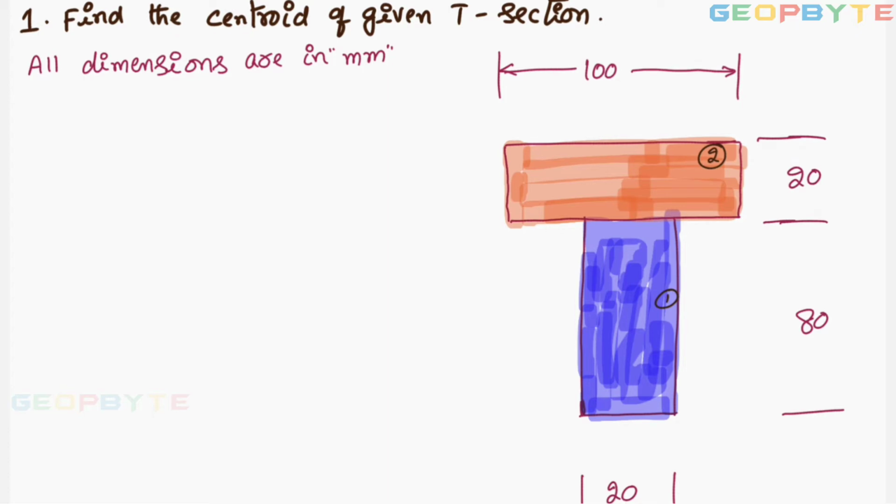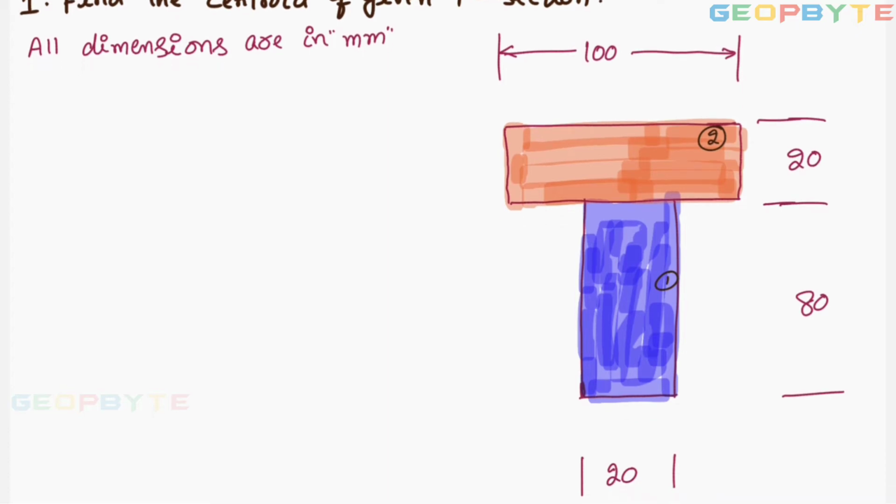Section 1 is a rectangular section. For a rectangle, B1 equal to 20 mm and D1 equal to 80 mm. Then you can find A1 equal to B1 into D1. It is equal to 80 into 20, 1600 mm square.